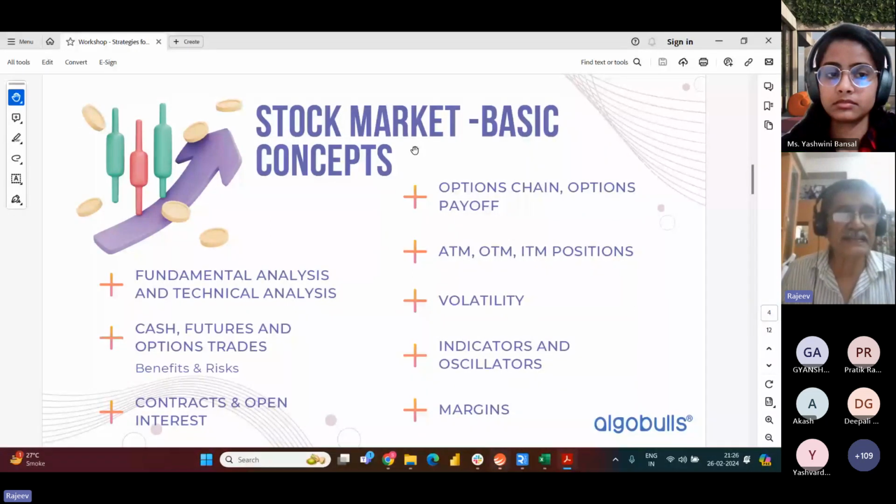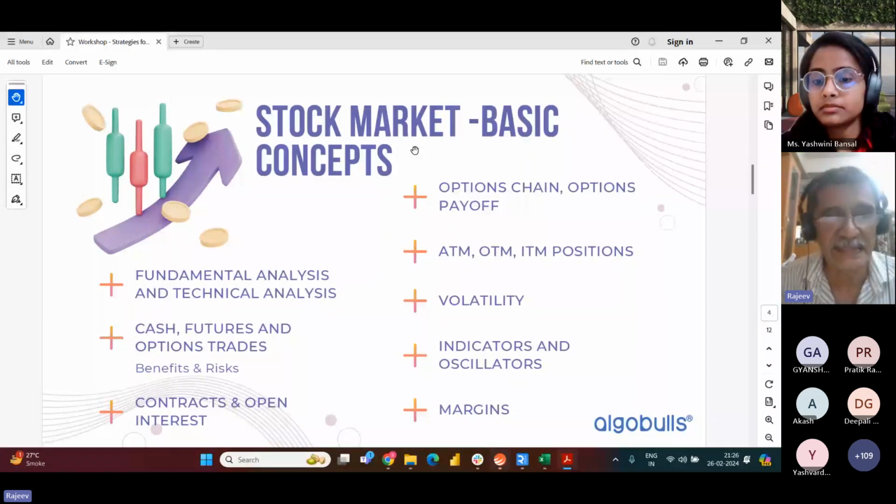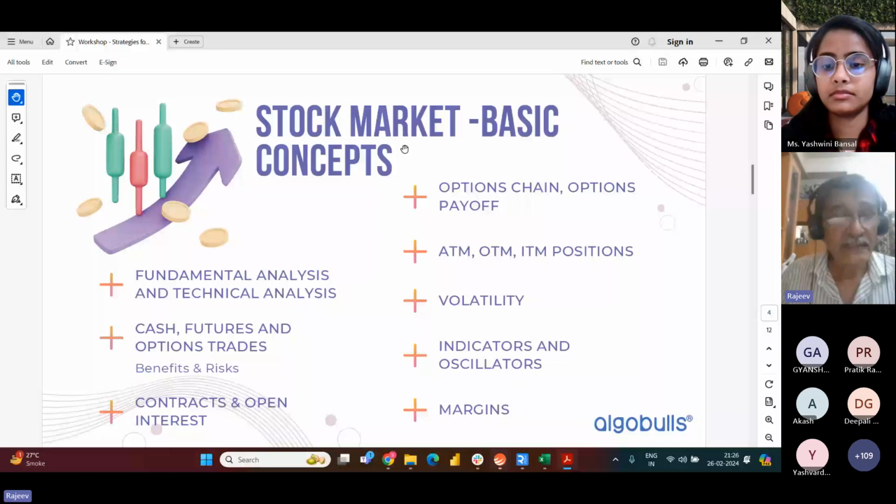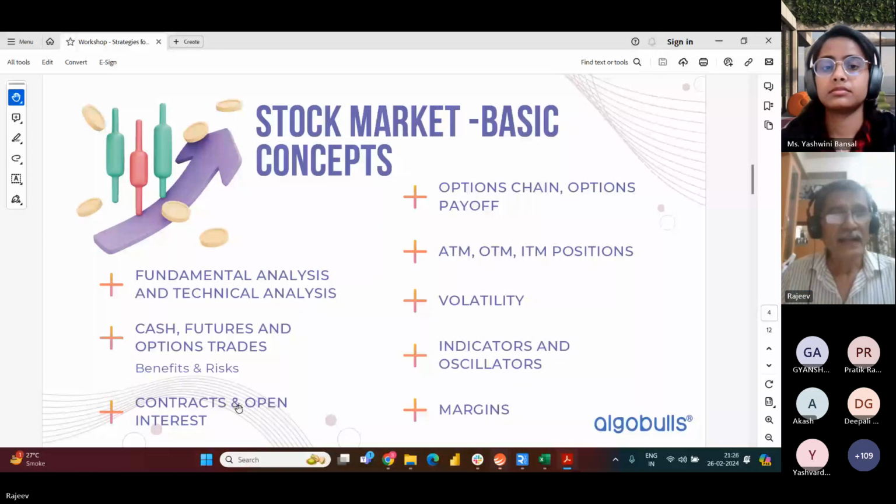So a contract, as I said, is an agreement between buyers and sellers about the trade, at what price and what quantity and what date the buyer can buy and the seller can sell. That contract remains open till expiry. At expiry, you have to settle that contract by taking the reverse trade.